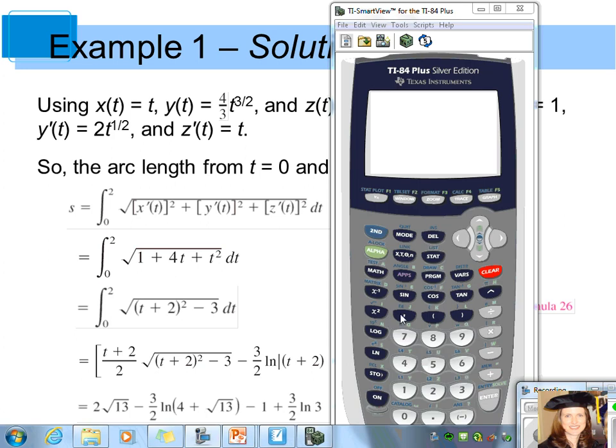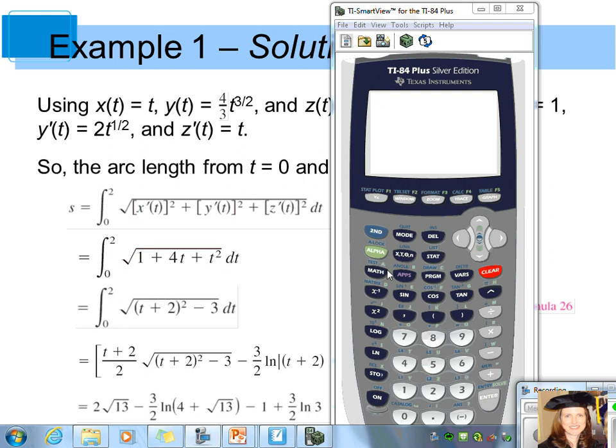When using a graphing calculator to evaluate a definite integral, we want to go to the original definite integral from 0 to 2 of the square root of 1 plus 4t plus t squared dt. It's not necessary to rearrange the terms so that it looks like one of the formulas in the appendix.